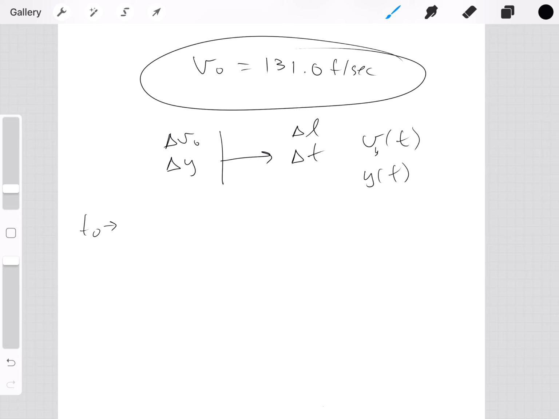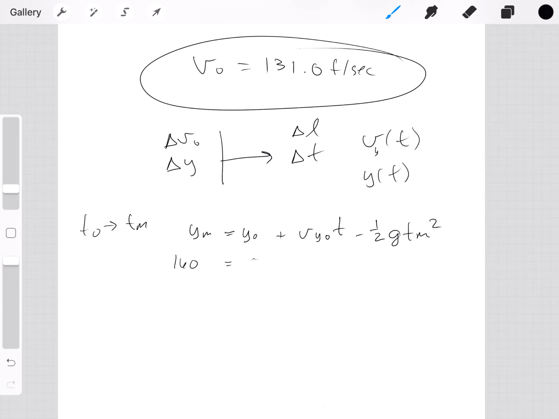First, we'll look at t naught to t middle, which is the random point on the arc that we have to solve for. And that uses y middle equals y naught plus v naught times time minus 1/2 g t_m squared.